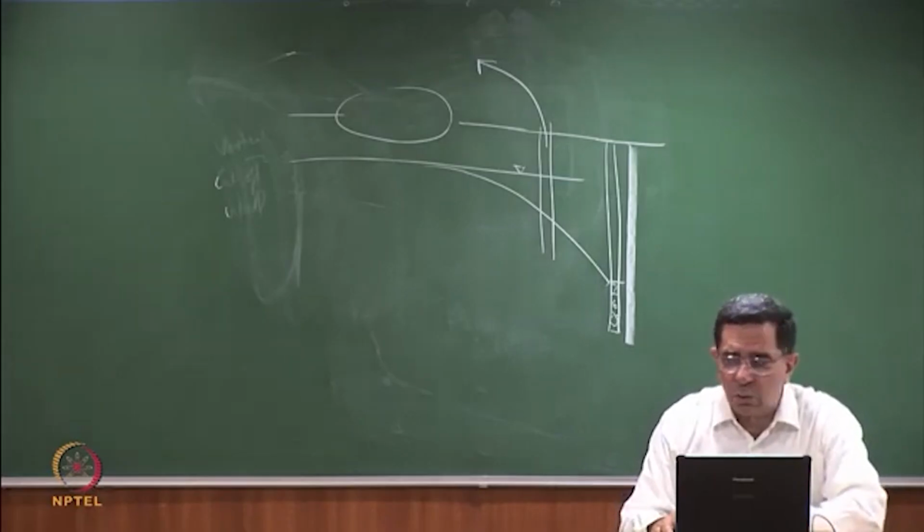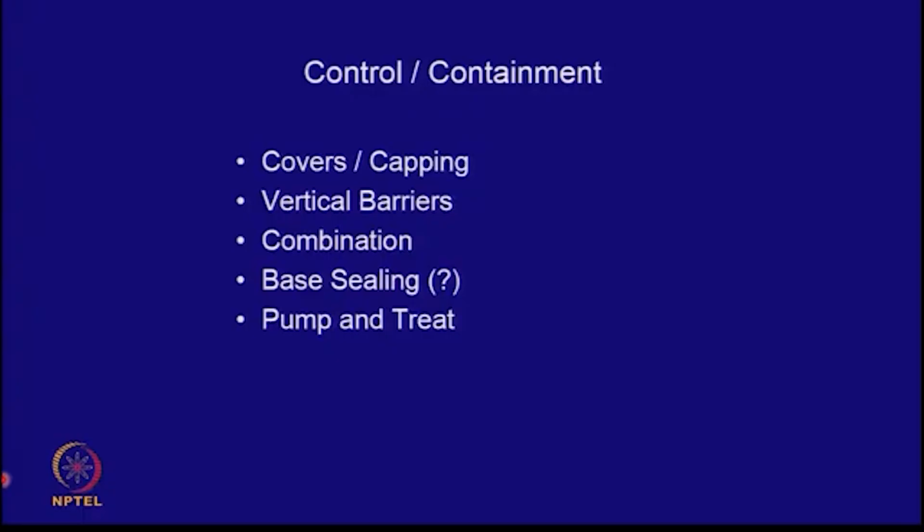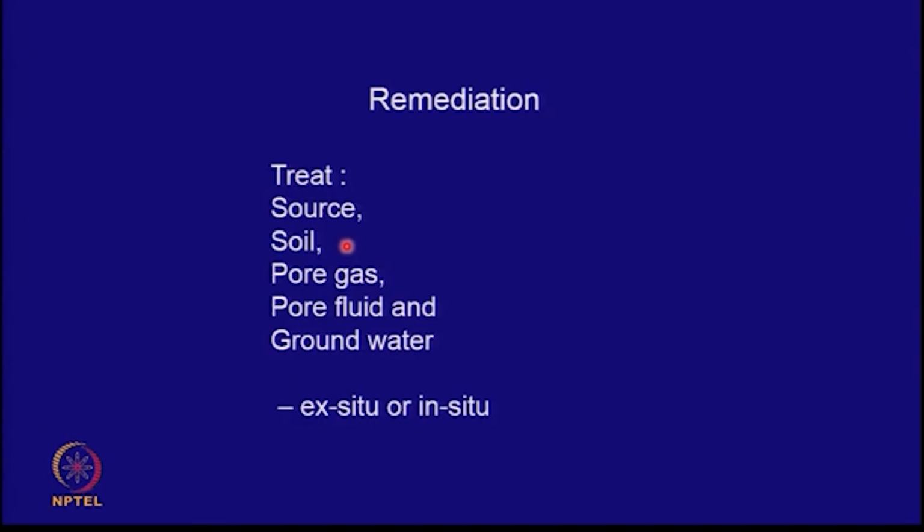So we talked about control and containment last time with covers and capping and vertical barriers and combinations, and today we look at treating. How do we treat the source, how do we treat the soil, how do we treat the pore gas, how do we treat the pore fluid, and how do we treat the groundwater.